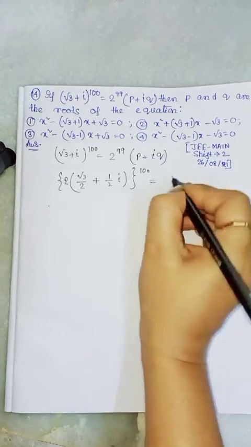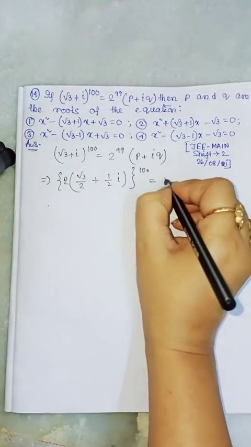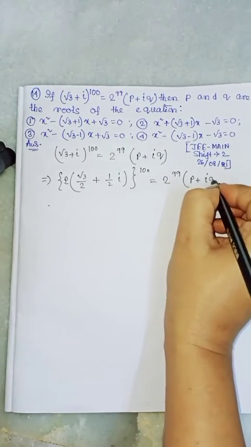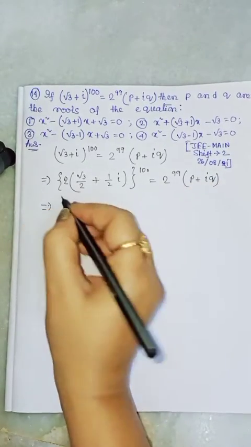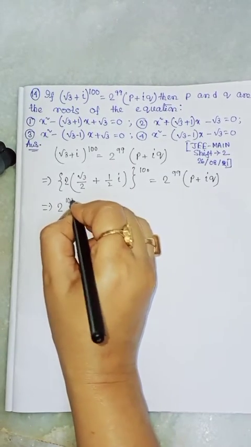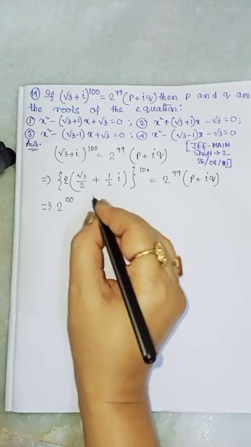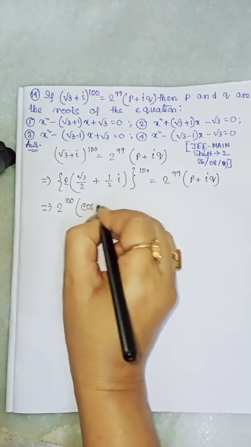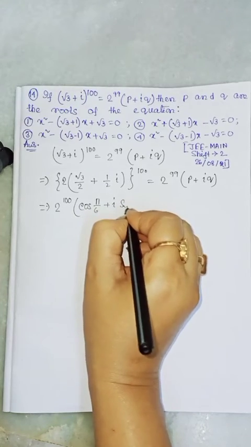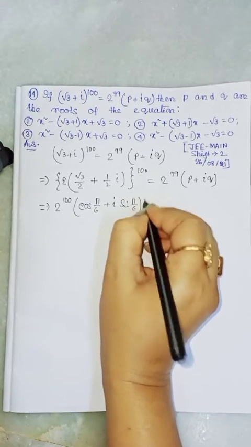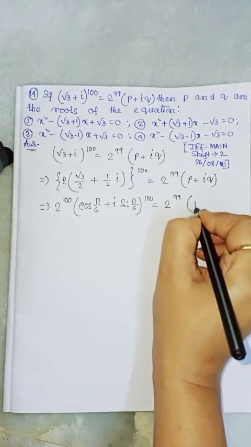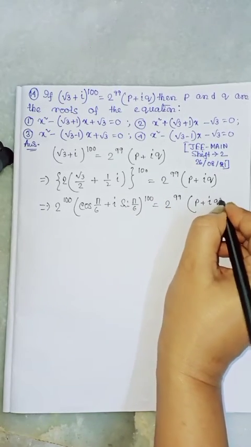That implies 2 to the power 100 into cos of pi by 6 plus iota sine of pi by 6, whole 100, that is equal to 2 to the power 99 p plus iota q.